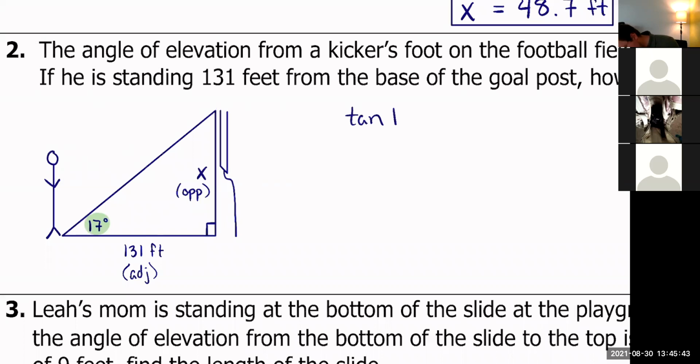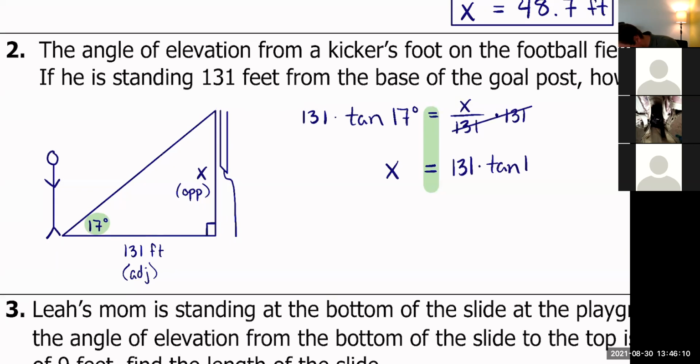So tangent of 17 degrees equals opposite over adjacent. So X over 131. To get X by itself, I'm going to multiply both sides by 131. Take a little shortcut here and flip it around for myself as well. So X equals 131 times the tangent of 17 degrees.